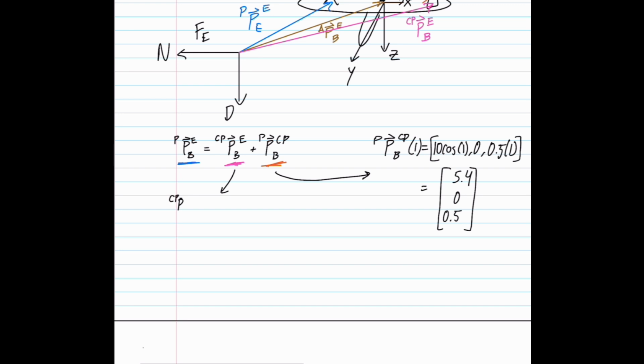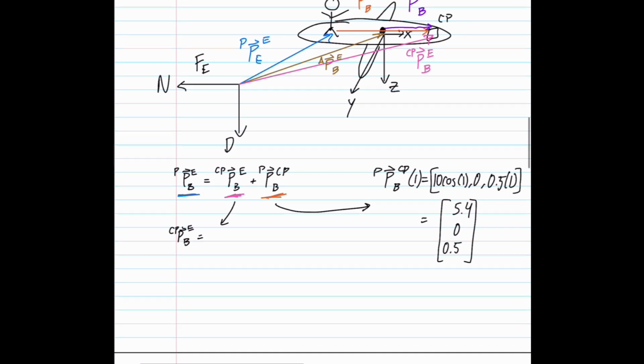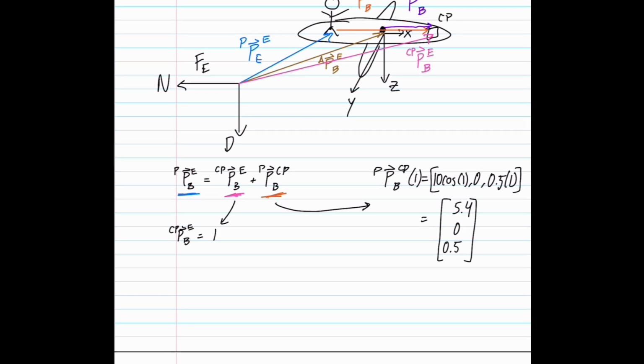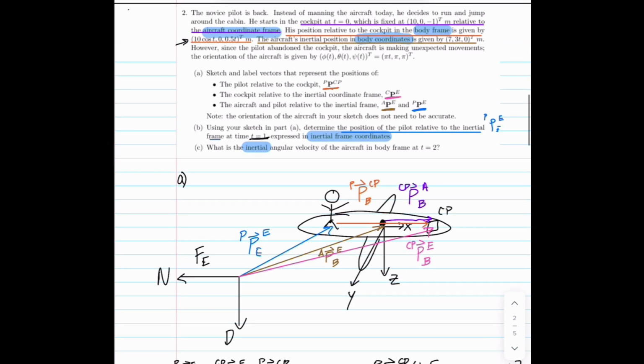And we can do some more vector addition for this pink vector. We can add the purple vector and the brown vector to get the pink vector. So that's the cockpit relative to the aircraft expressed in the body frame, and the aircraft relative to the inertial frame expressed in the body frame.